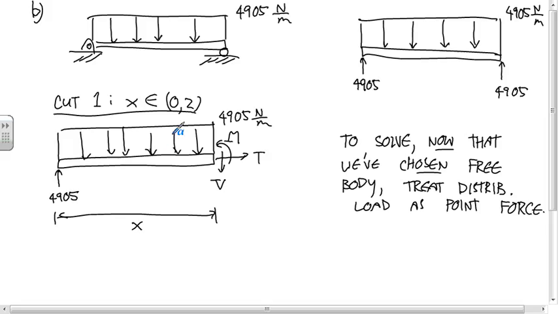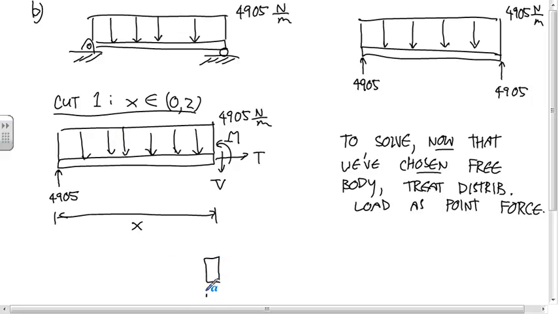When we turn this into a point force, you can imagine with this distributed load, in the case where x represented a very small value, the magnitude would be very small.